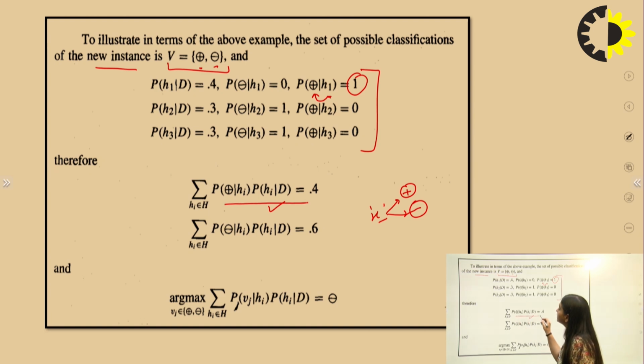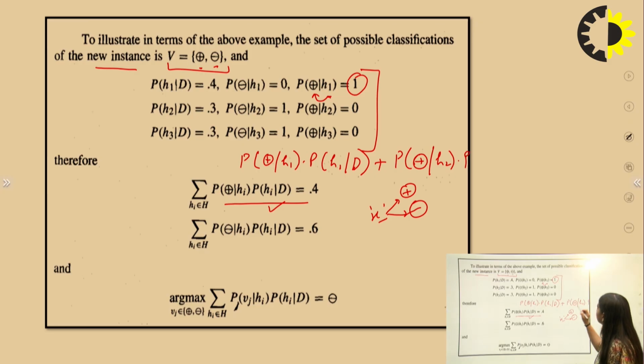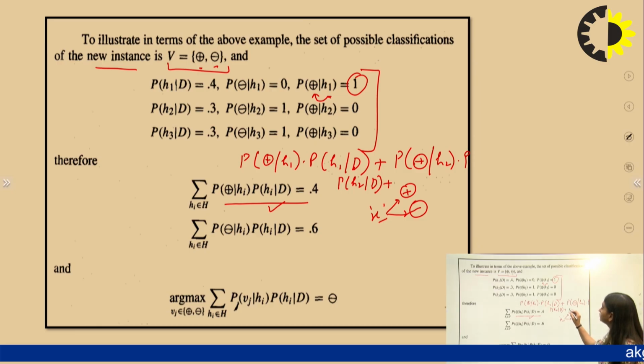So it will be P(plus|H1) times P(H1|D) for H1, then the same thing for H2, P(plus|H2) times P(H2|D), plus P(plus|H3) times P(H3|D).